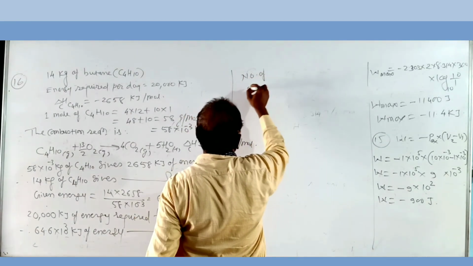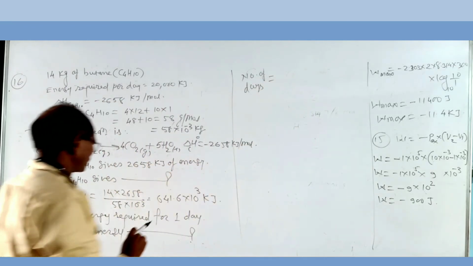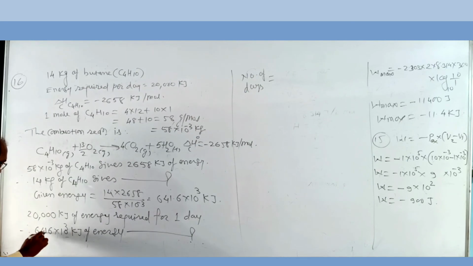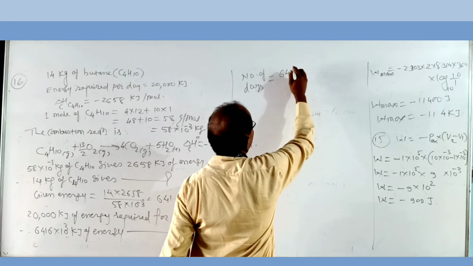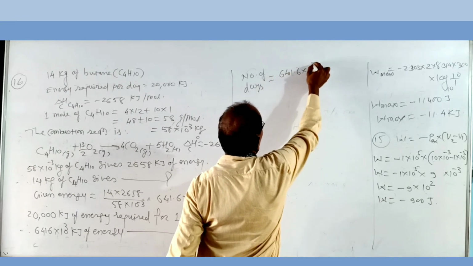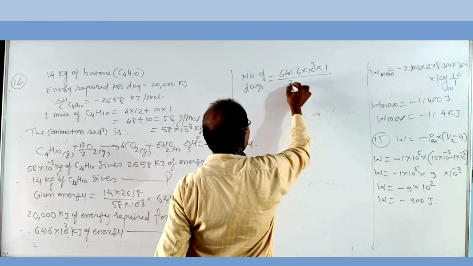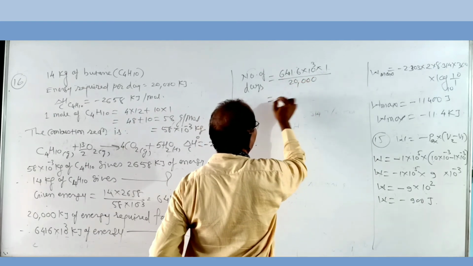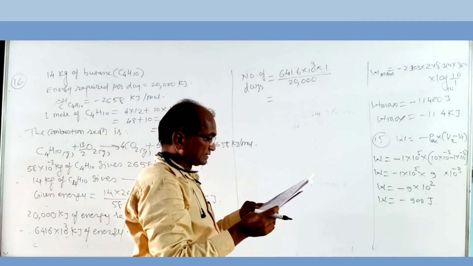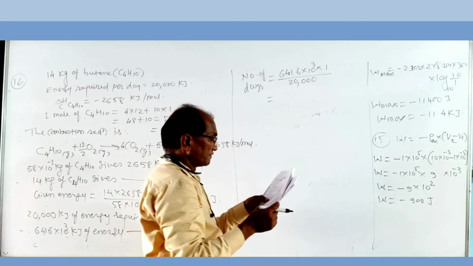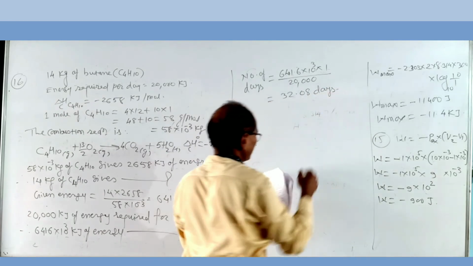Number of days is equal to 641.6 into 10 to the power 3 into 1 divided by 20,000. The last calculation gives 32.08 days.